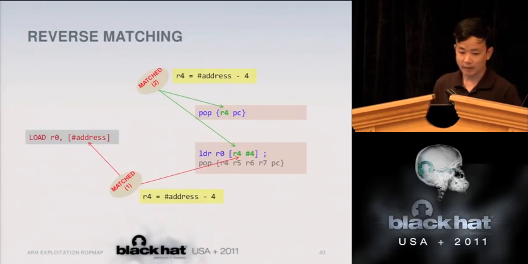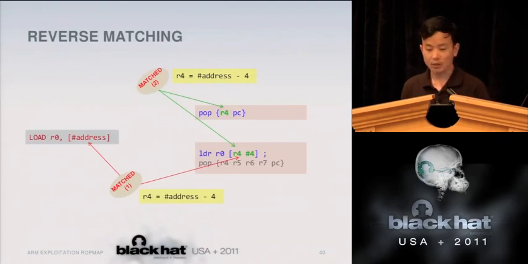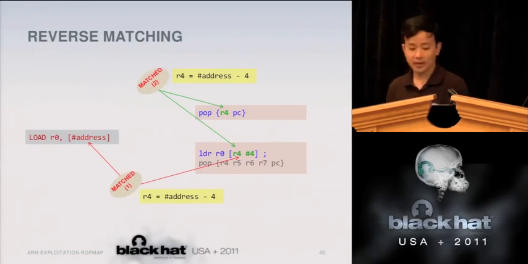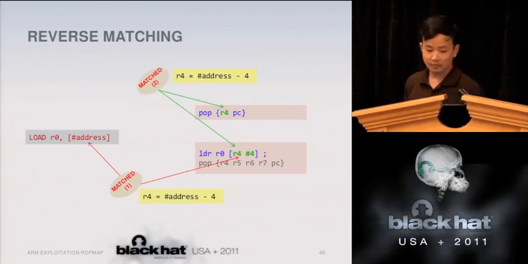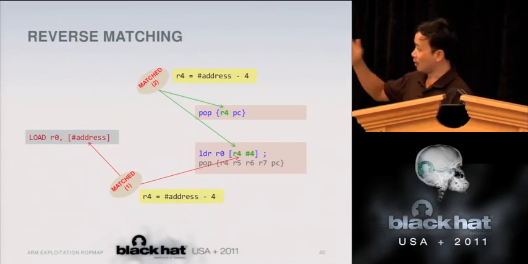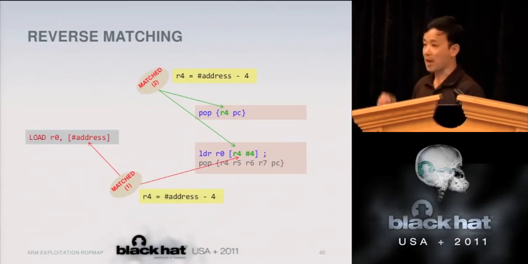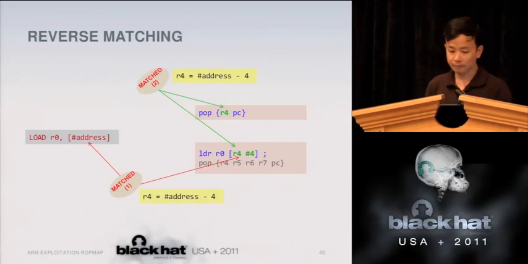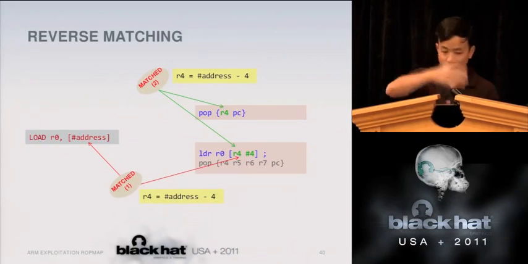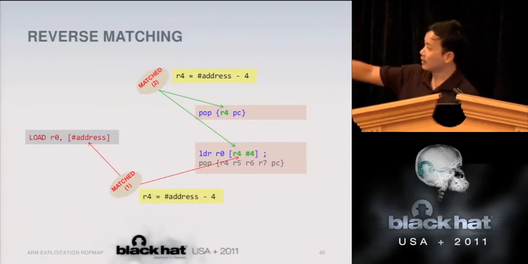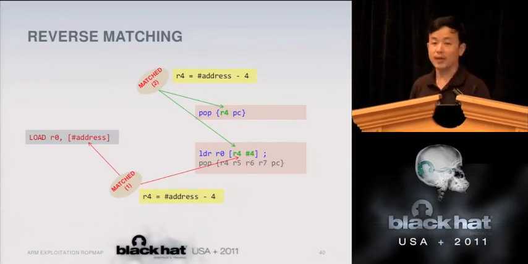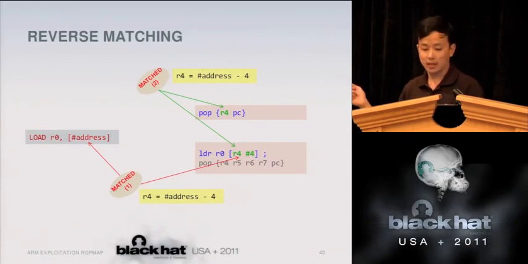First, we do the revert matching. You can see here, for example, if you want to load register R0 from memory pointed to by an address, you find the chain pop R4, then load R0 from R4 plus 4. So you do the reverse from the last instruction back. So we have here that the address must be matched with R4 plus 4.